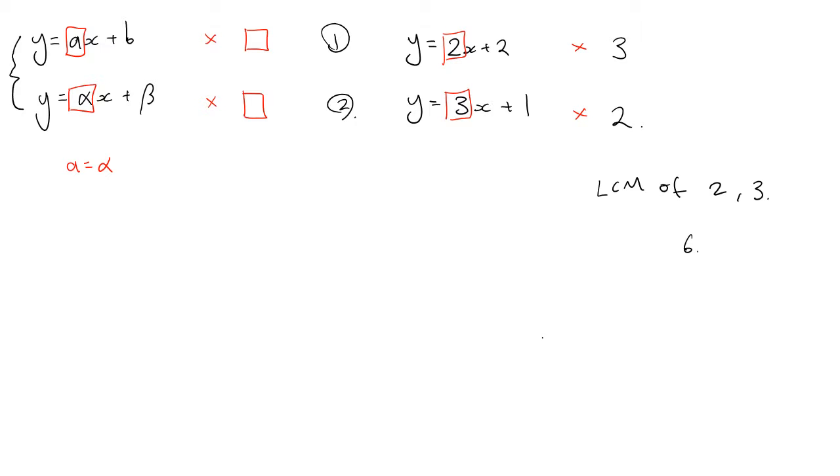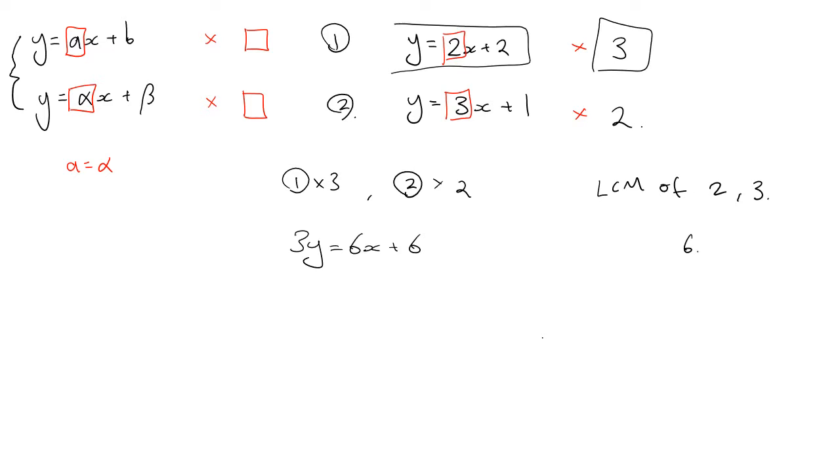So what we have to do is 1 times 3 and 2 times 2. If we do that, we get 3y is equal to 6x plus 6. So we times 3 to all the terms in the equation, including y. So our second equation would be 2y equals 6x plus 2.